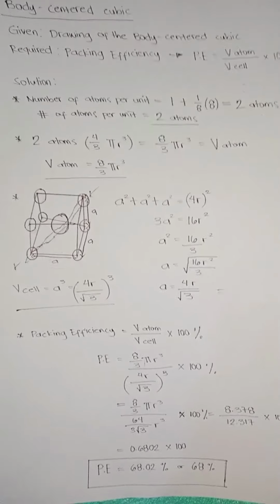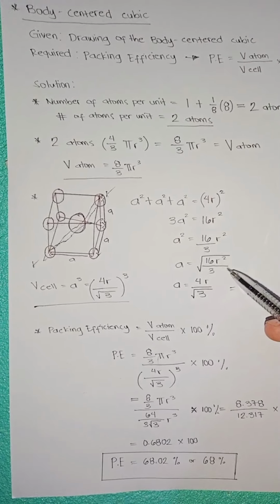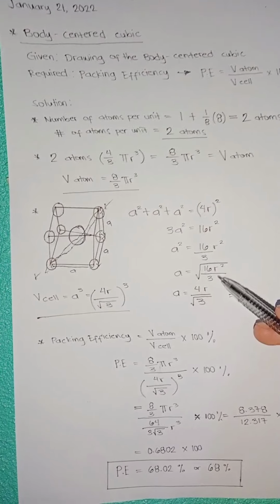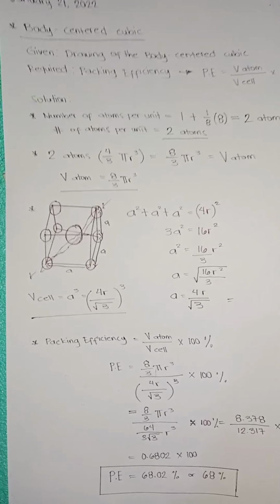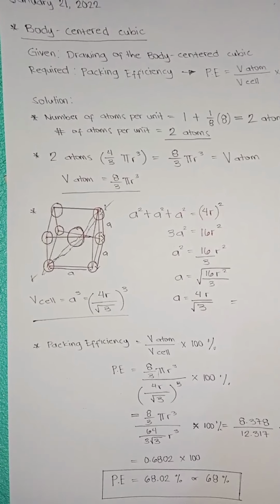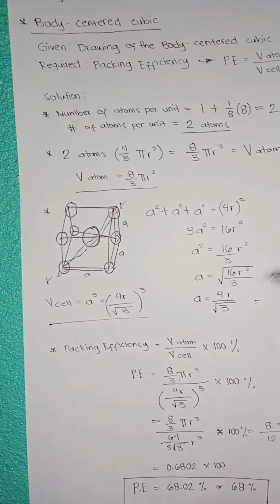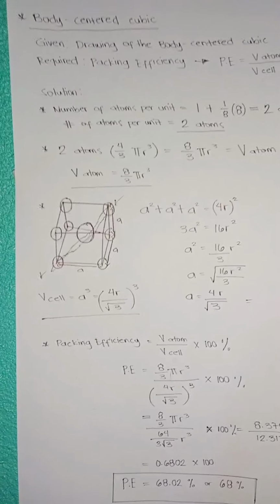Then take the square root of both sides, so a is equal to the square root of 16r squared over 3. Since 16 and r squared are perfect squares, we can simplify this, and we have a is equal to 4r over square root of 3.